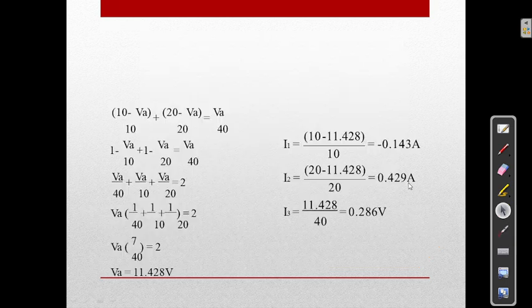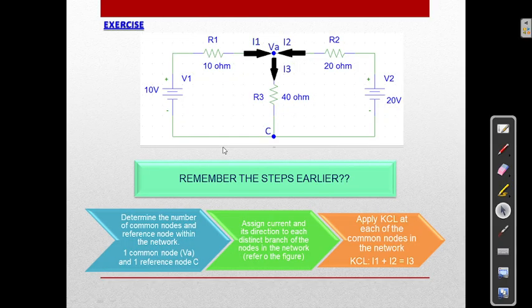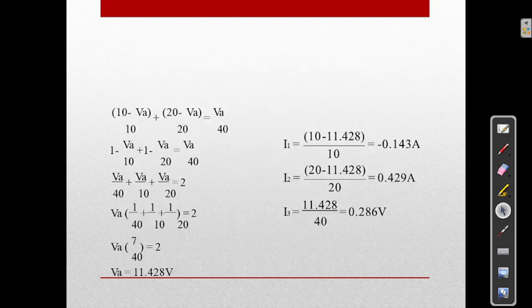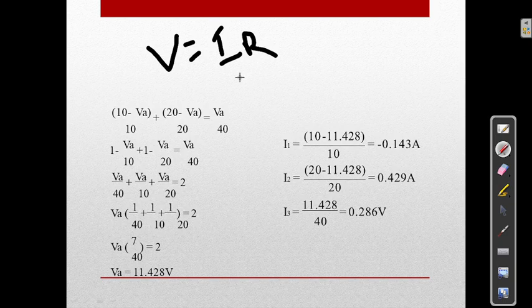Then we have to write the equations behind this circuit diagram. As we know already, Ohm's law formula is V equals IR. So what is I?